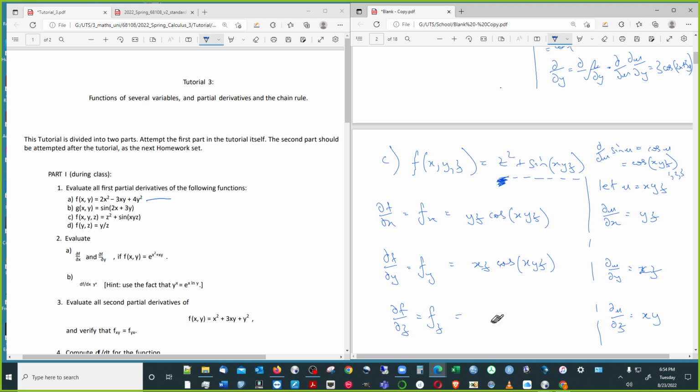So z squared is going to become 2z, so that's that term. And we chain rule on the second term, so we're going to have plus, because the plus was here. Now it's xy cos xyz.